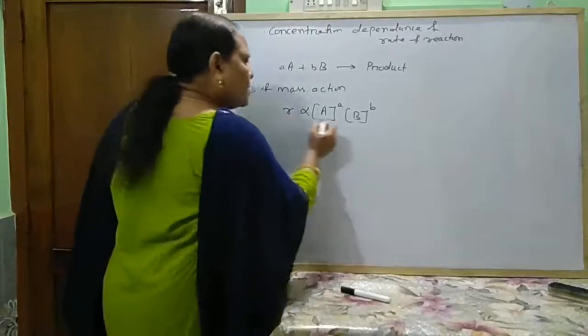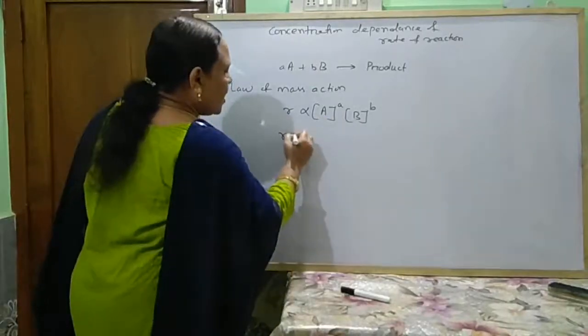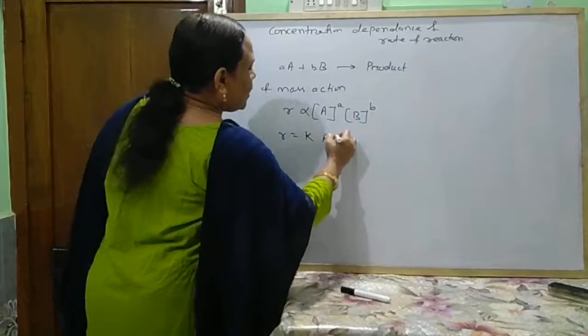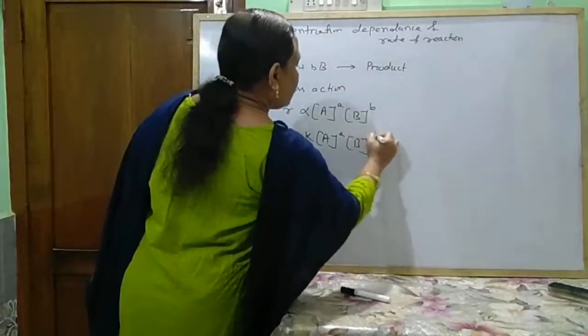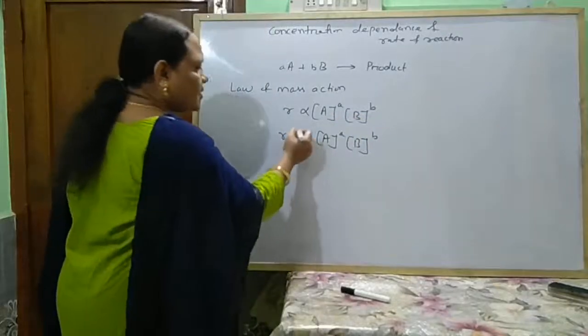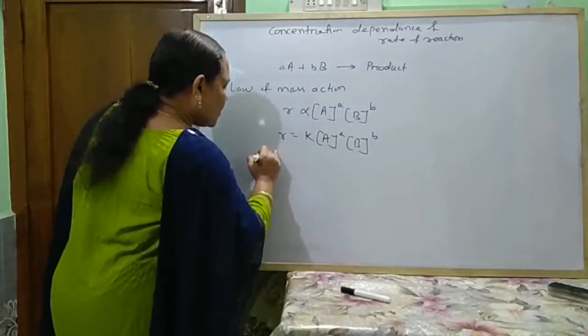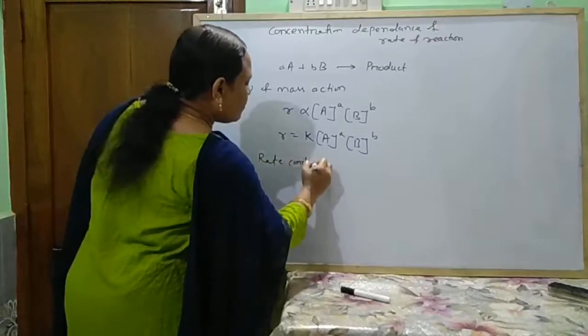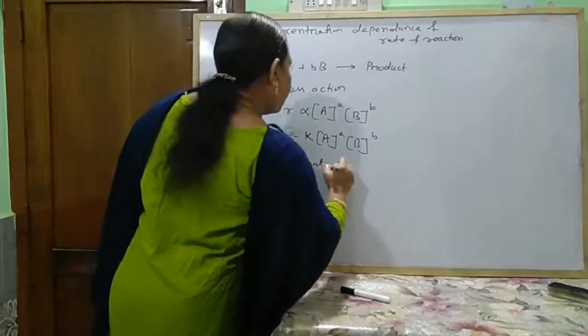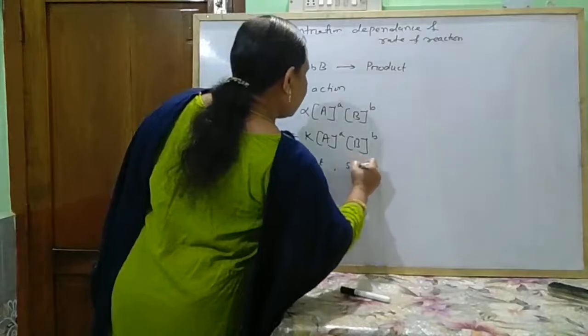But this is actually a theoretical value. So R equals k [A]^a [B]^b, where this k is called the rate constant or specific reaction rate.